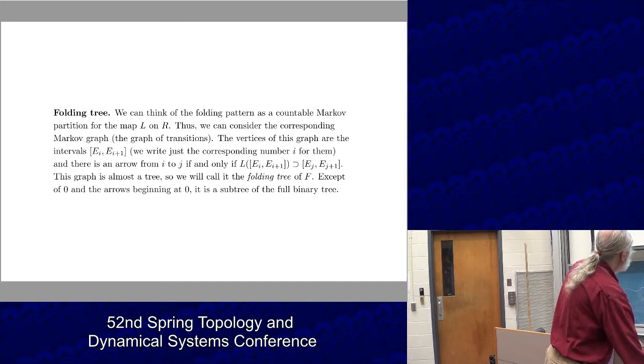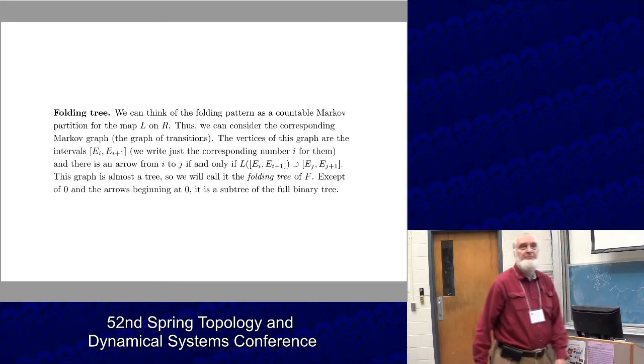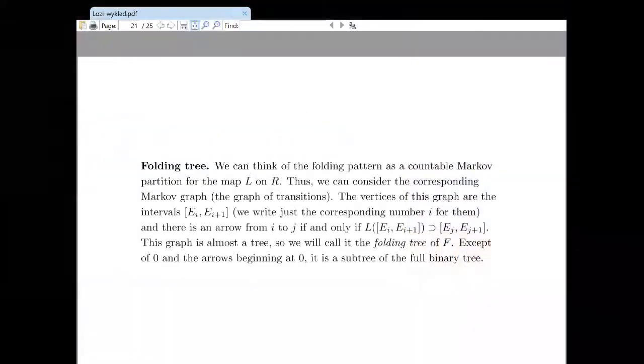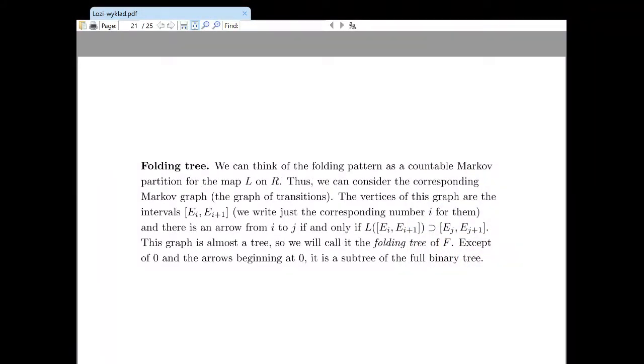If you want, you can think about it as some countable Markov chain, a subshift of finite type with countably many states, because you have those intervals between two points G or T, and they are mapped somewhere and cover exactly several of those intervals.